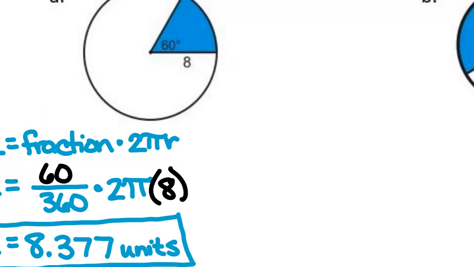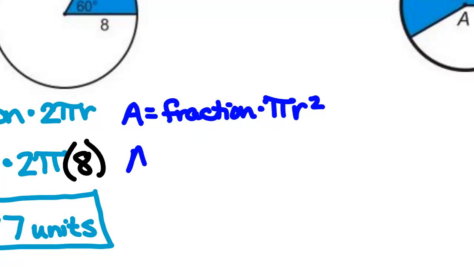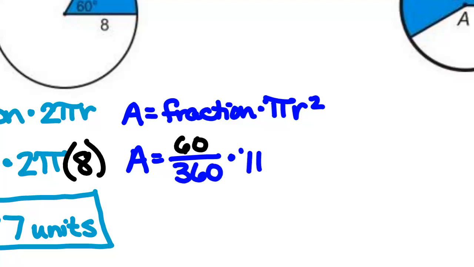Now we need the area. Area for a sector is the fraction times pi r squared. My fraction stays exactly the same because my angle stayed the same. 60 over 360 times pi times my radius of 8 squared.